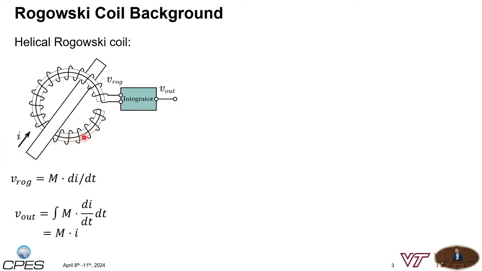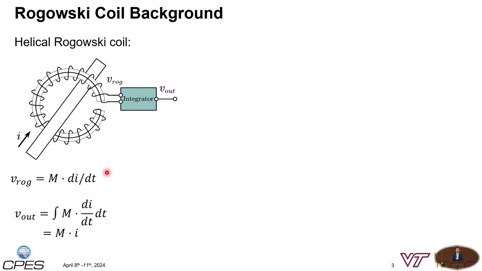And if we place a coil around that current carrying trace, it induces a voltage if the current changes. The equation depicts that, where we have the mutual inductance, which is the coupling between the current carrying trace and the Rogowski coil itself. And then, of course, we have the di/dt, the change in current.